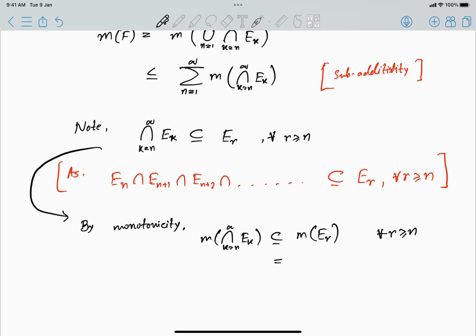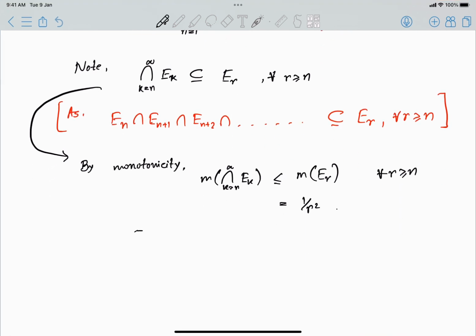And what is this measure? This is 1 by r square. Now again, as earlier, take r tends to infinity, because this is true for all r. Then the measure of intersection k equals n to infinity Ek will be 0, right? So we have got that the measure of this set is 0.